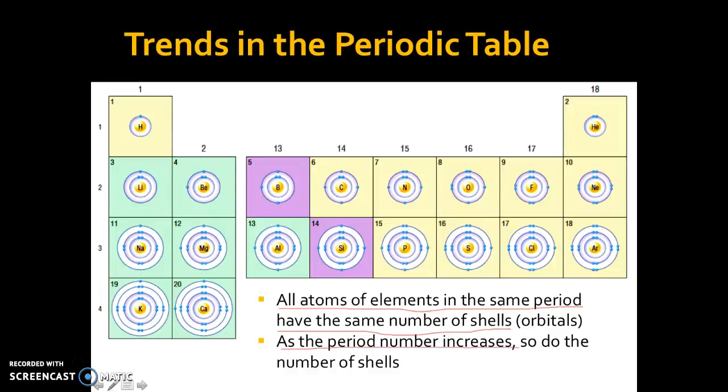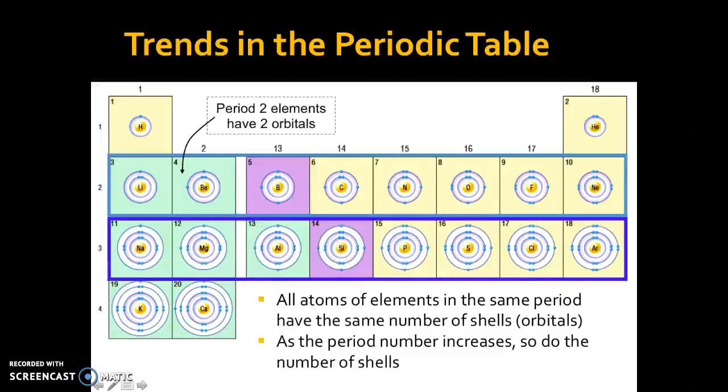As the period number increases, so do the number of shells. So you can see here that the second period has 2 electron shells. The third period, period 1, period 2, period 3, has 3 electron shells.